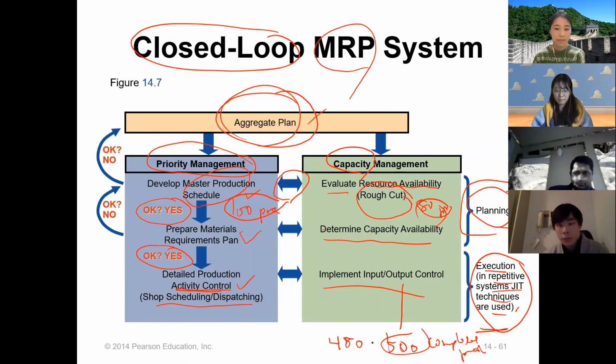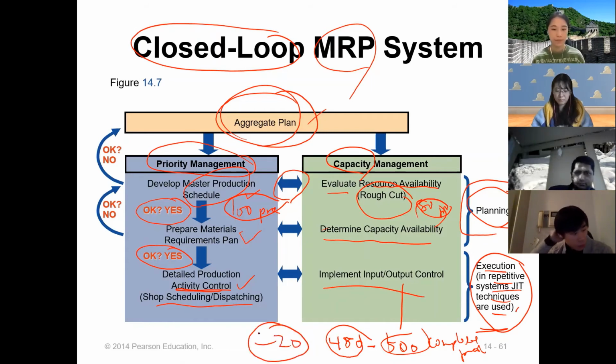So you need to think about how to produce the remaining 20. This 20 will go back into the system to be planned. It is very dynamic. Even JIT is very dynamic. So the closed loop MRP system requires this.